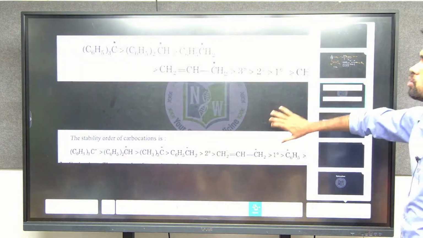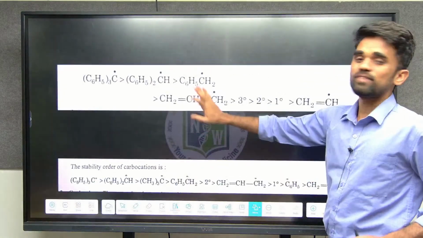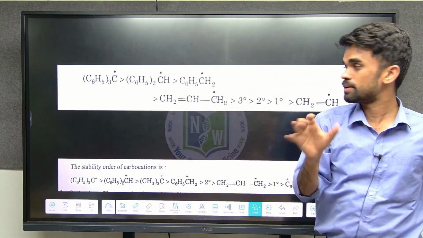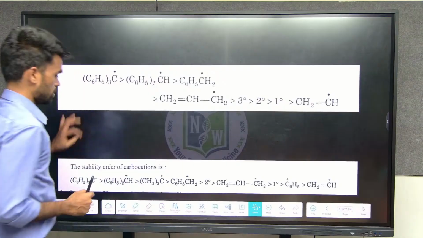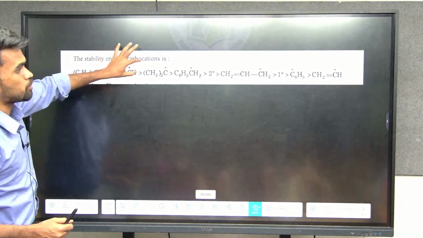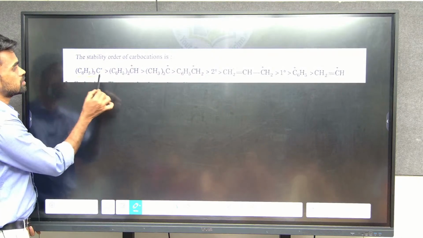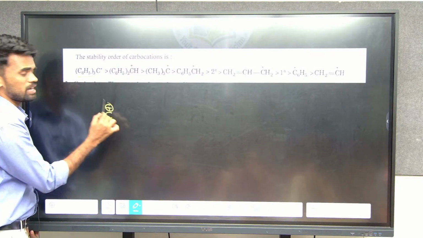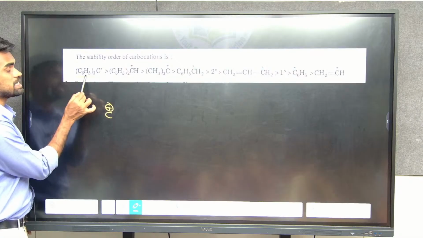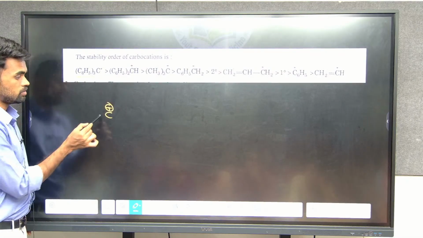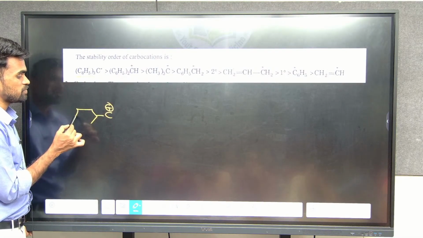Okay, now look at this. It will be there in your books. Just listen. Let's talk about carbocations. Which is the most stable carbocation? See, no need of remembering also. Just understand the concept. C6H5 means what? Phenyl. Not phenol, it is phenyl.